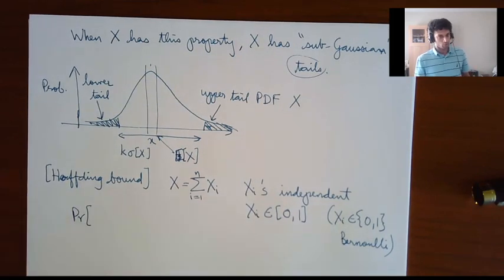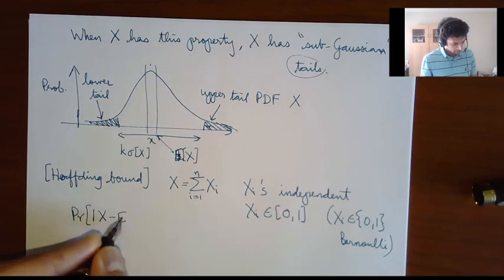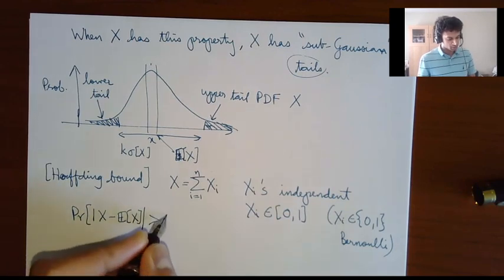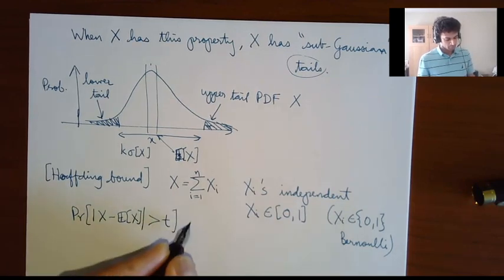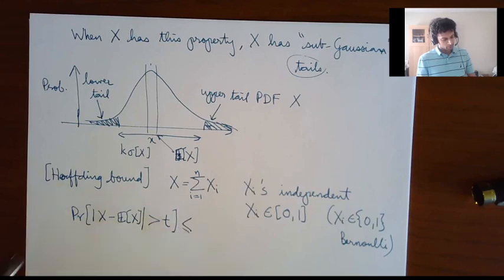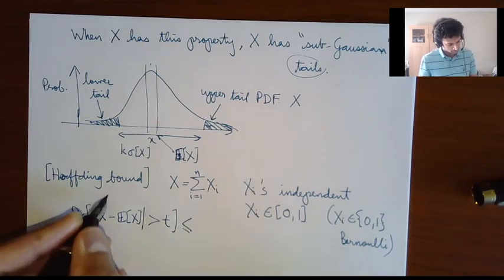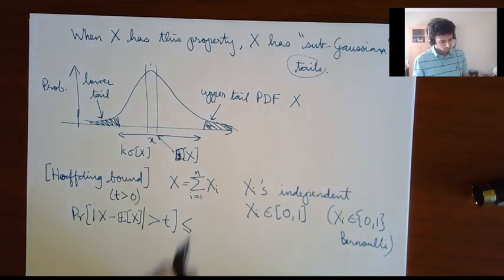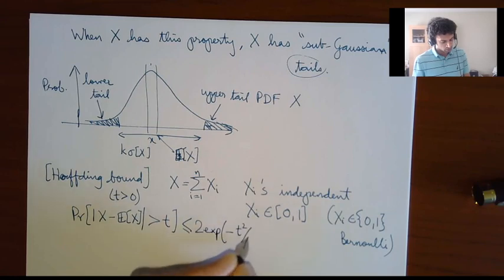And now the way that this bound is stated, so let me state the bound: x minus the expectation, what is the probability that it deviates by more than t? This is for some positive t, at most 2 times e to the minus t squared divided by n.